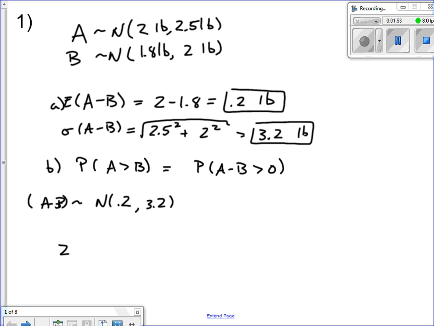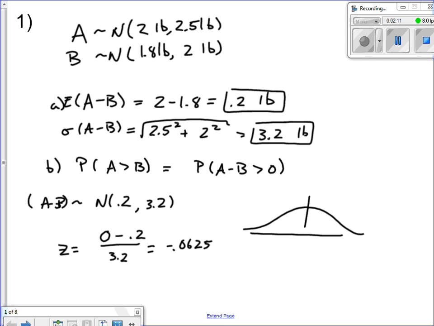So our z-score here, critical value is 0, minus a mean of 0.2, over a standard deviation of 3.2, and that is negative 0.0625. And if we were to put that on our curve just to keep getting that good practice, this curve is centered at 0.2, and so 0 is about right here, and we want everything above that.